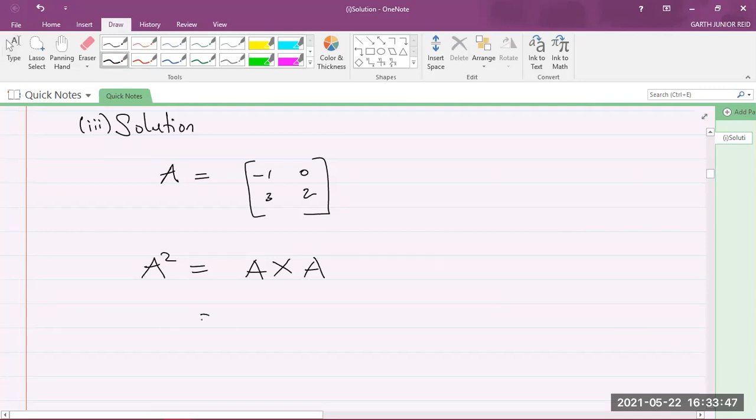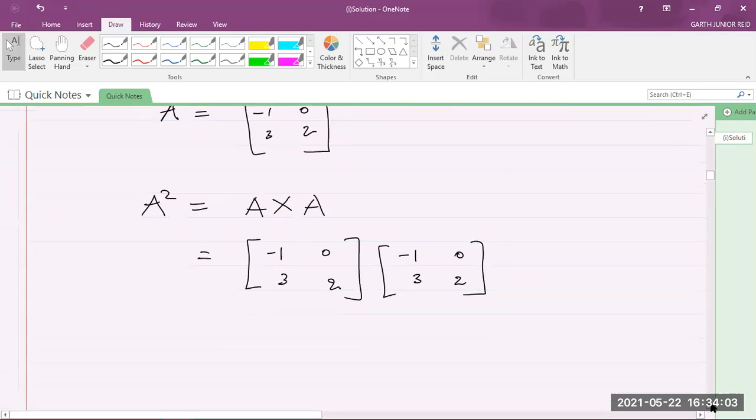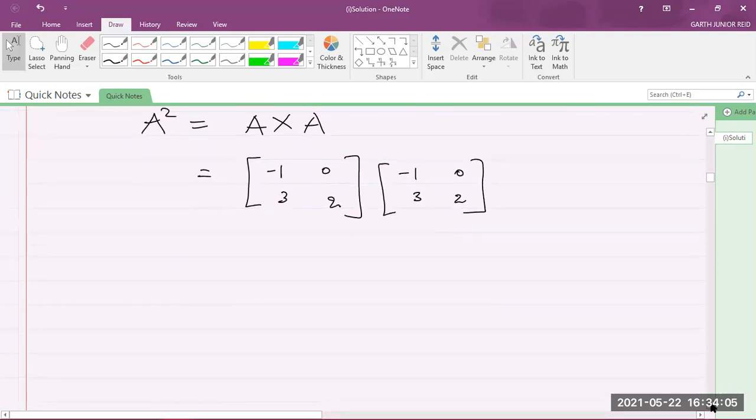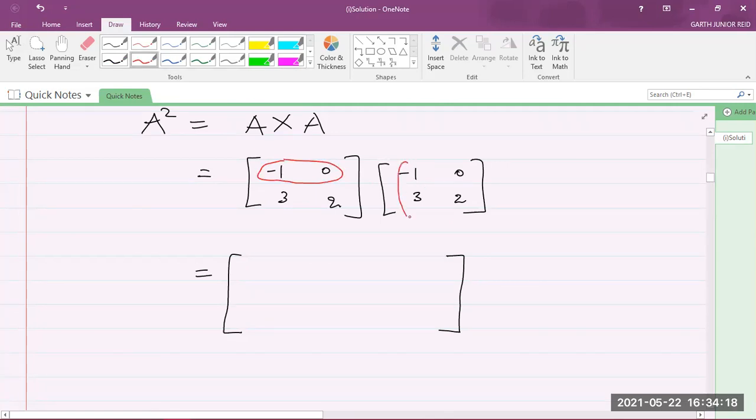So I can say that this is equal to the matrix -1, 0, 3, 2 multiplied by -1, 0, 3, 2. Okay, good. So let us now perform our multiplication here. All right. Now let me multiply the first row by the first column.